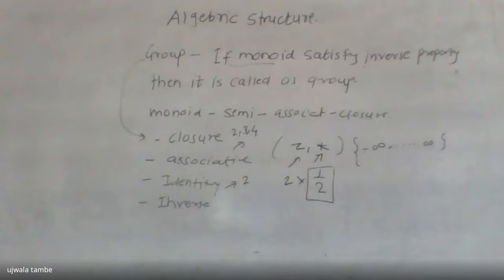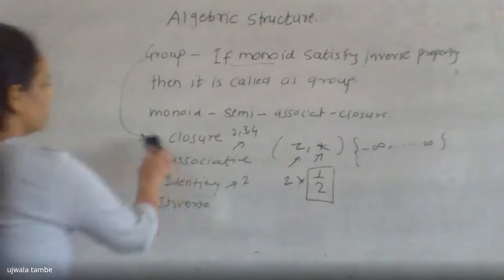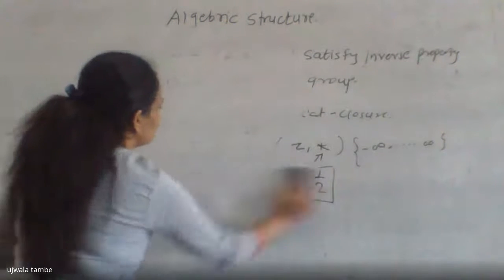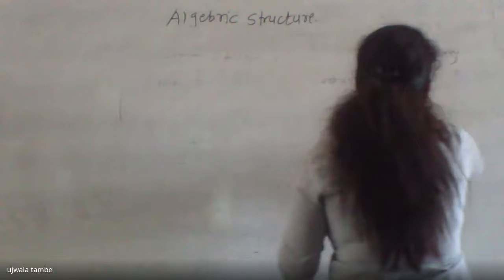Now the next one is abelian group. Okay. Write down the definition of abelian group.